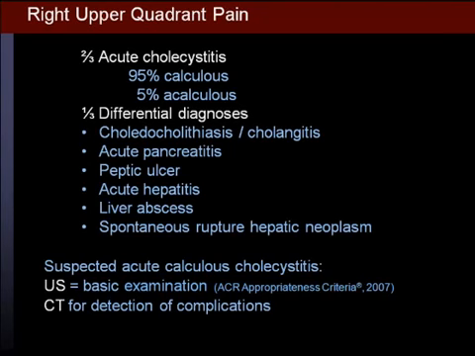And one third of the cases belong to the differential diagnosis as listed here. According to the ACR appropriateness criteria, in patients with suspected acute calculous cholecystitis, ultrasound represents the basic examination, while CT is used for the detection of complications.